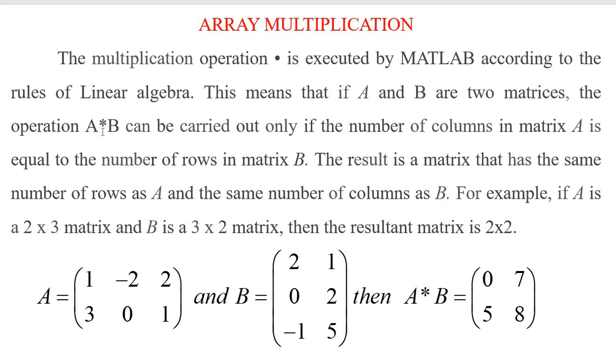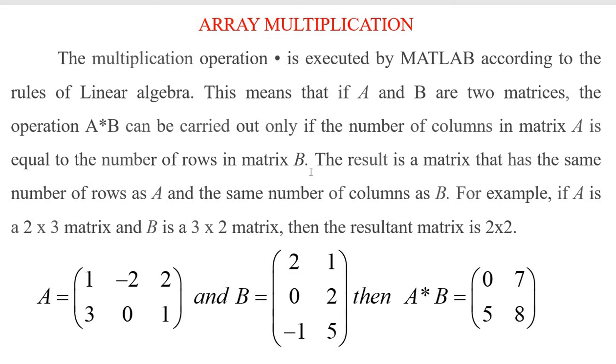A star B can be carried out only if the number of columns in matrix A is equal to the number of rows in matrix B. That is as usual matrix multiplication. In mathematics, before we multiply two matrices, we check that the columns of the first matrix and the rows of the second matrix are equal.